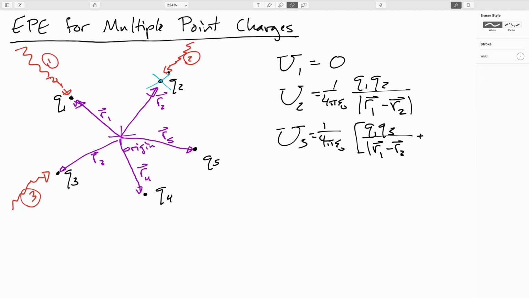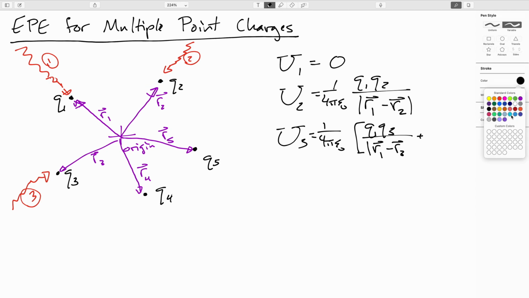And then what we'll do is we will instead say that the only two charges in the universe are Q2 and Q3, ignoring Q1. So applying superposition, the contribution from the interaction between these two charges will be Q2, Q3 over R2 minus R3.